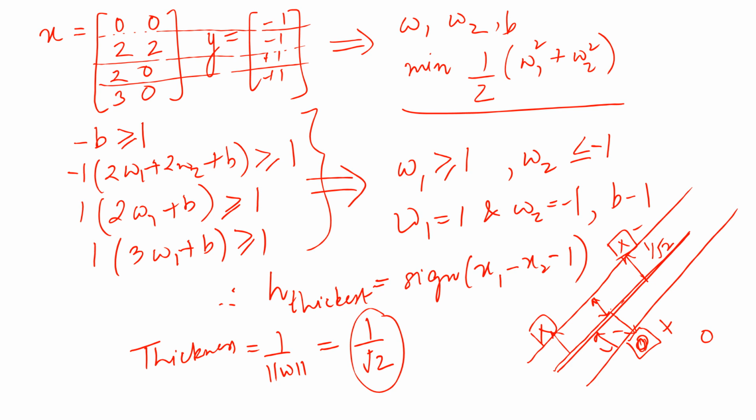So the whole point that I'm trying to make is that this thickness is dependent on where these 2 points lie, the nearest points that are there. And these are supporting my hyperplane. These points are supporting my hyperplane, right? And so that's where the name comes, support vectors. And so these are support vectors because they're supporting my maximum margin hyperplane, right?